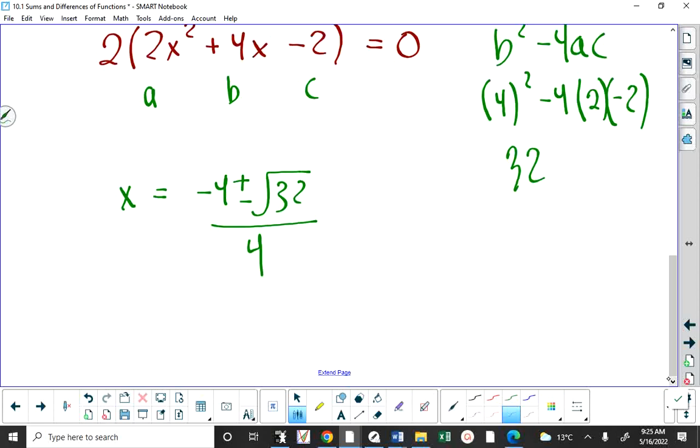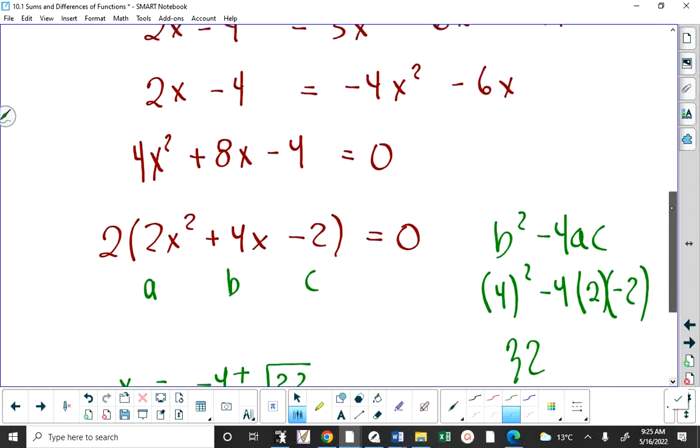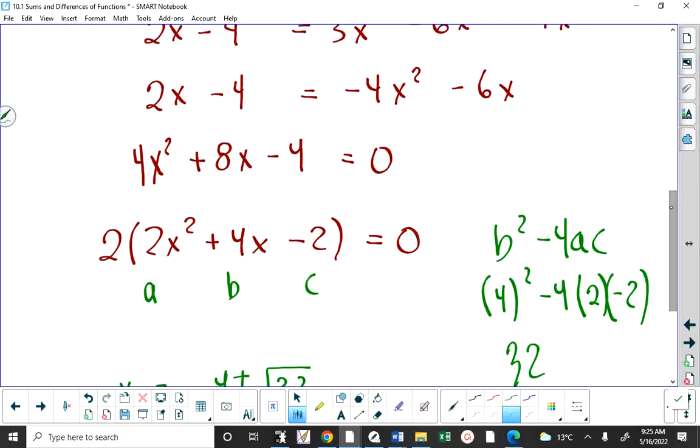Could I have factored a 4 out? Look at that, I could have, yes. Thank you for that. My brain typically goes to, oh, they're all even, let's take the 2 out. I didn't even consider 4. Definitely. You could have factored a 4 out, had 1x squared plus 2x minus 1.